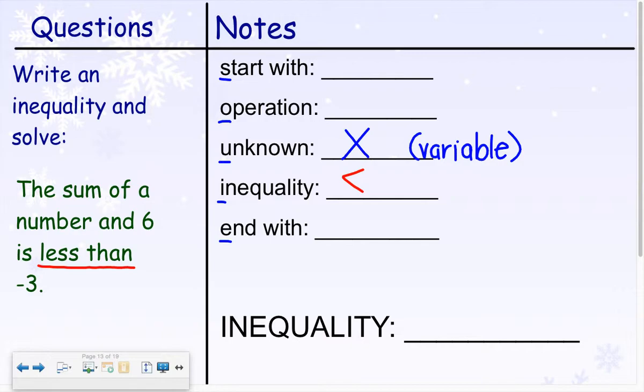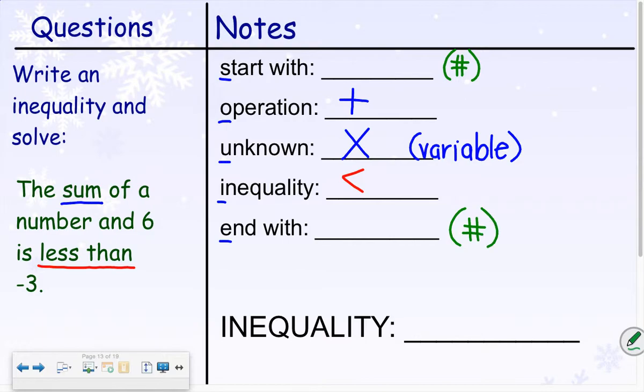The word that goes with operation is sum. Operations are add, subtract, multiply, divide. So sum would be addition. What is the sum of two things? You're adding them together. Okay, starts with and ends with. Those both need to be a number. So starts with will always be a number, and ends with will always be a number.